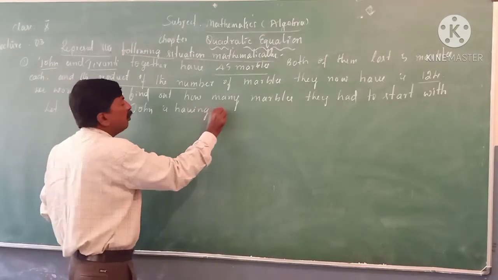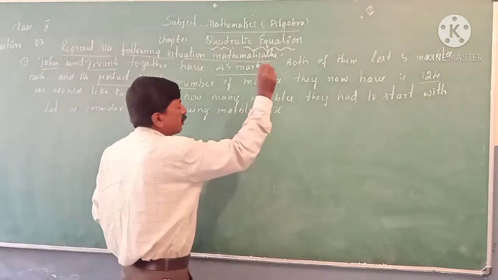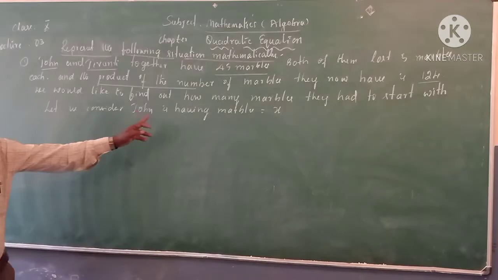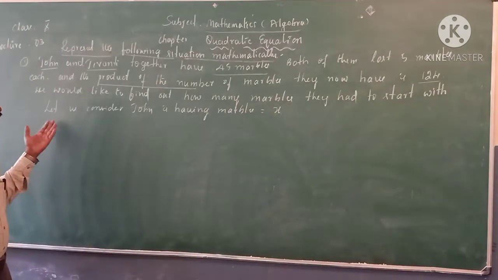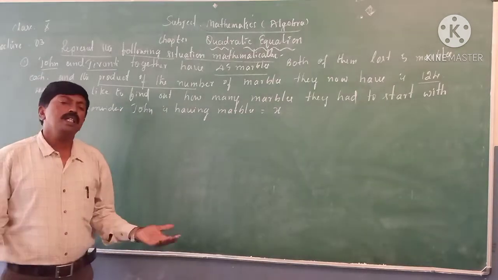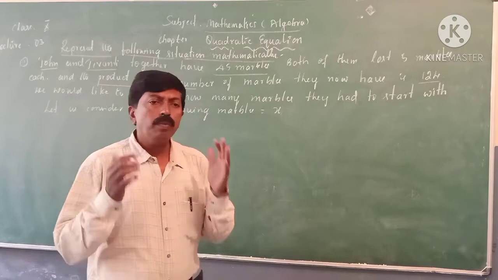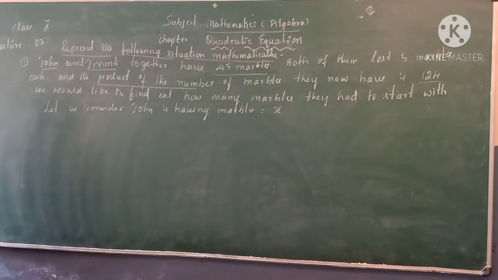John is having some marbles. We don't know the value, so we call it x marbles. x is an unknown. So John is having x marbles.